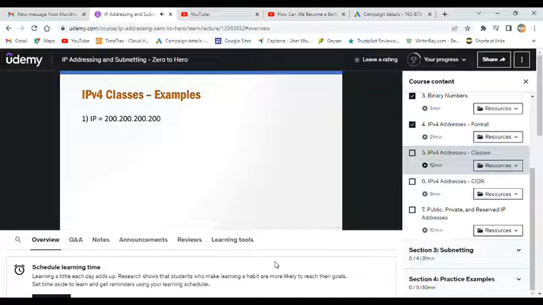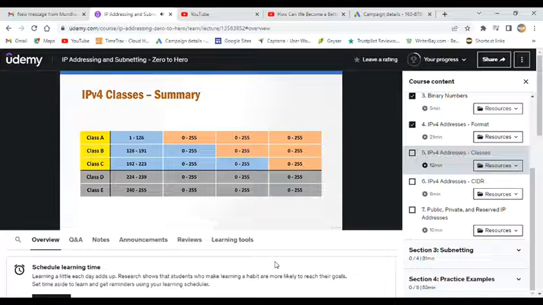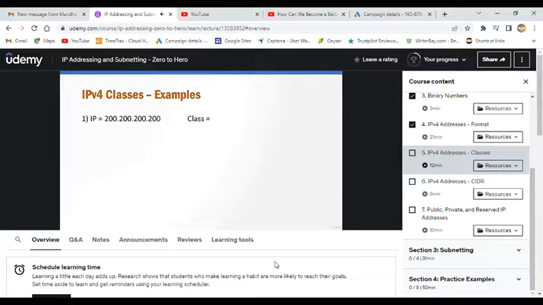So 200.200.200.200. Question for you is, which class does this IP address belong to? As we discussed, we only look at the first octet. So the first octet is 200. That, looking at this table again, would be class C. All right, let's go to the next example. 1.1.1.1.